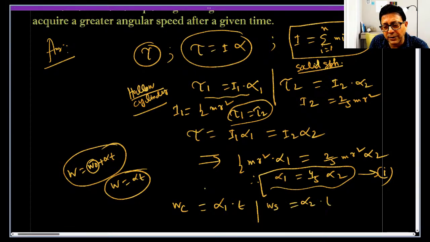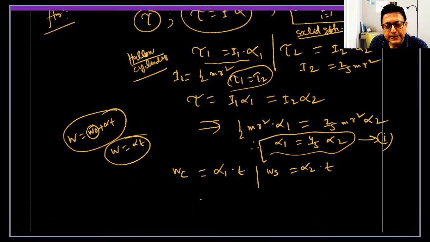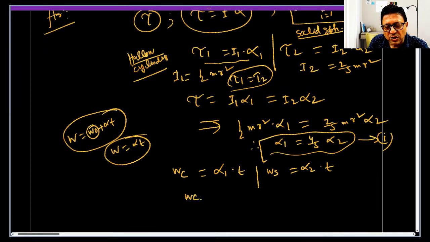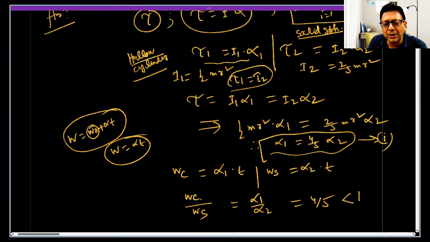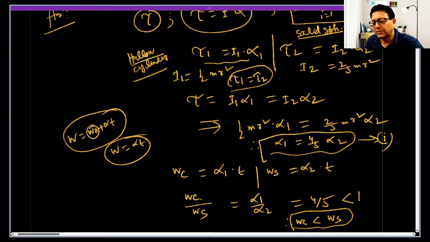Omega of the sphere will be alpha 2 into t. So omega cylinder by omega sphere will be less than 1. So omega c will be less than omega s.